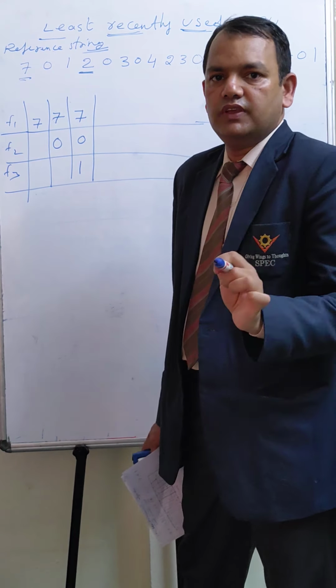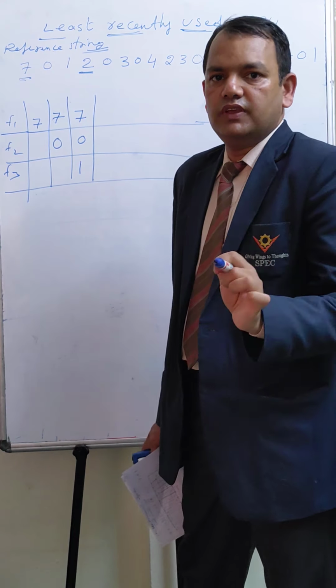So 7 has to be replaced with the incoming 2. See, recently which ones are used? 0 and 1 are used. So 7 is the least recently used, or the oldest used.